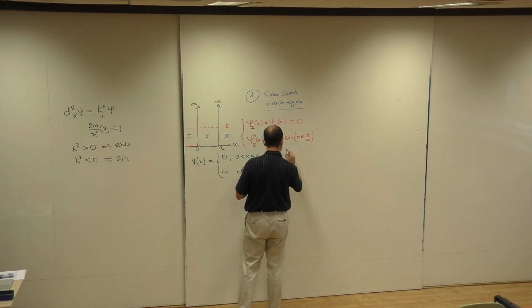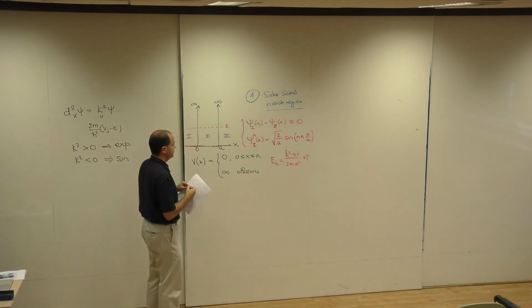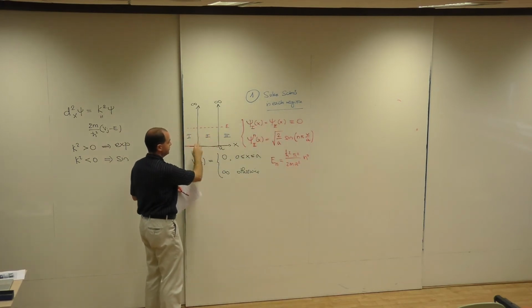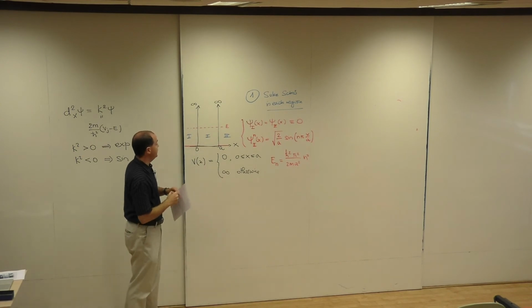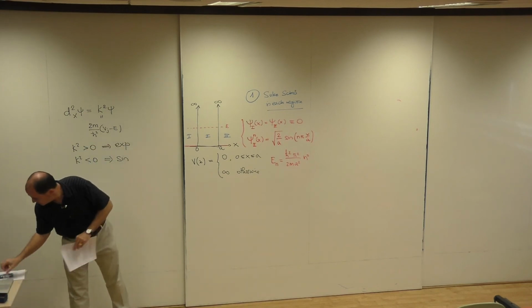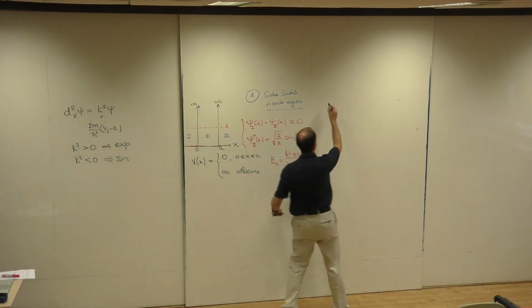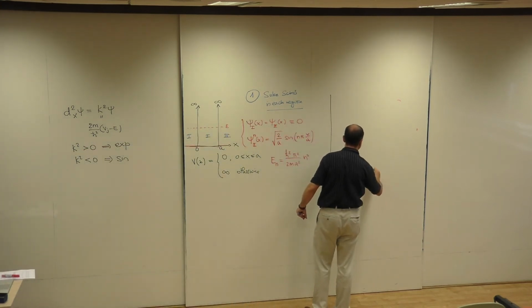This strange numerical factor n squared. So what does it mean on this drawing? Well, maybe I should do it a little bit bigger. I will just redo it on the other side. So we have our infinite potential well.